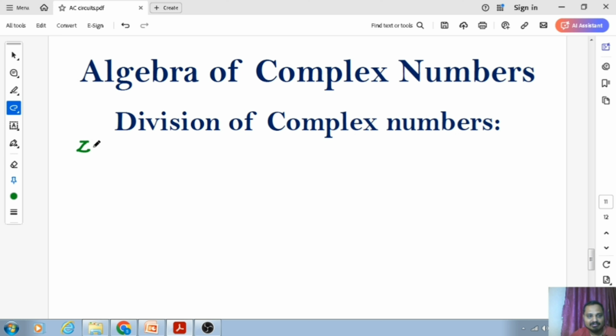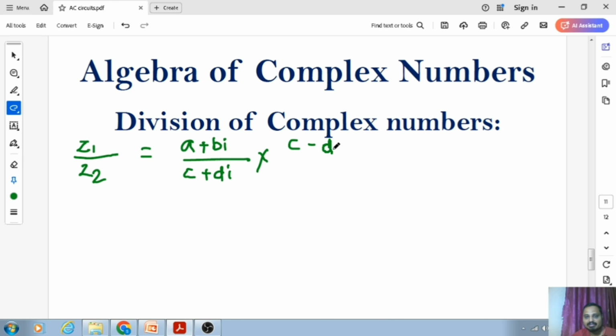Let's say I have Z1 and I want to divide it by Z2. So this can be written as (a plus bi) divided by (c plus di). Now to perform this division, we need to multiply this equation by the complex conjugate of this Z2. So I can write (c minus di) divided by (c minus di).